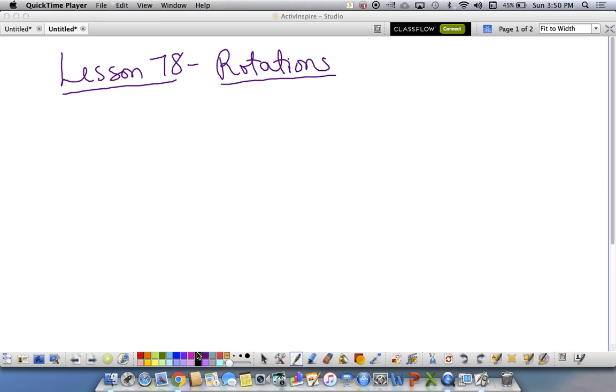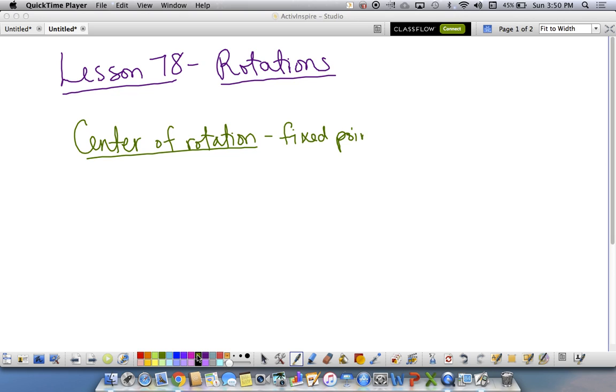Our first definition is going to be the center of rotation. The center of rotation is the fixed point around which a figure is rotated. So that will be the point where everything is going to rotate around.